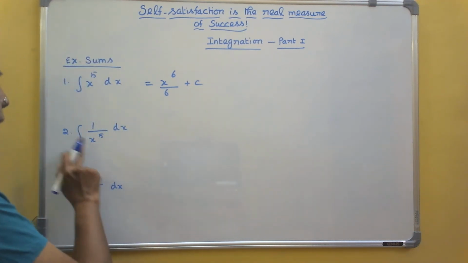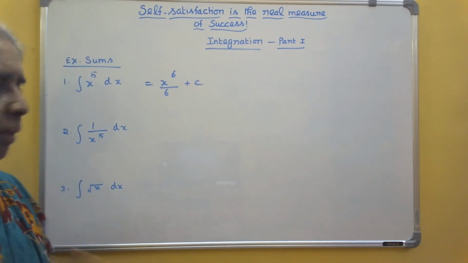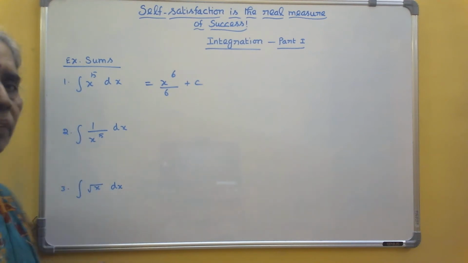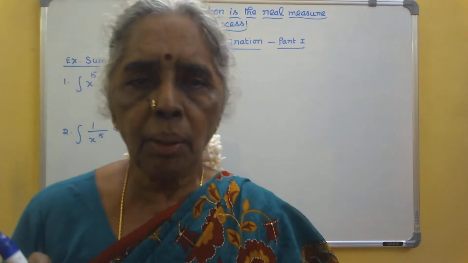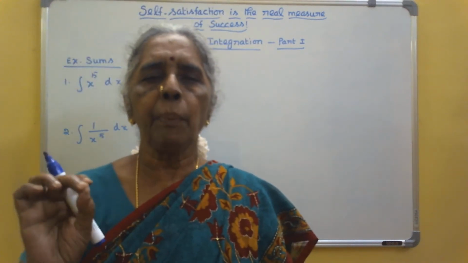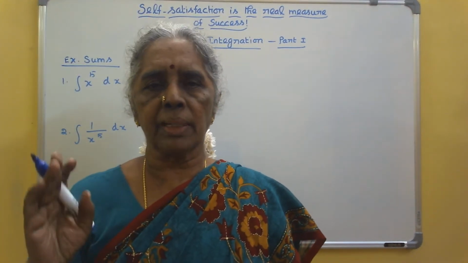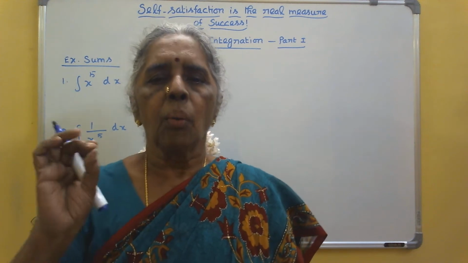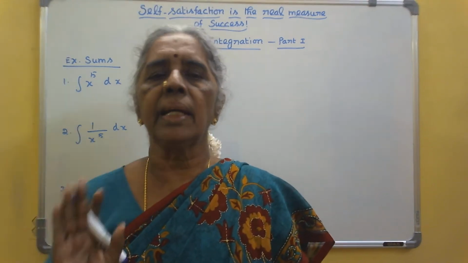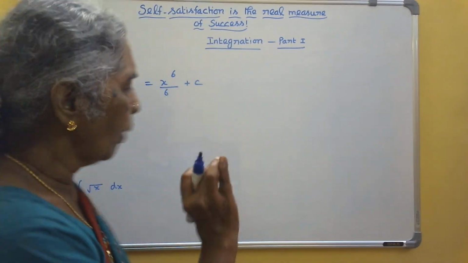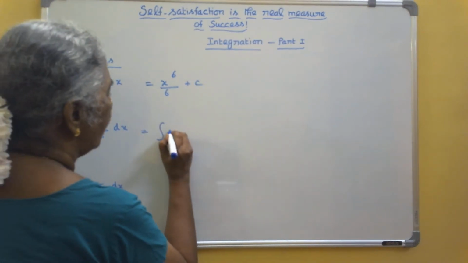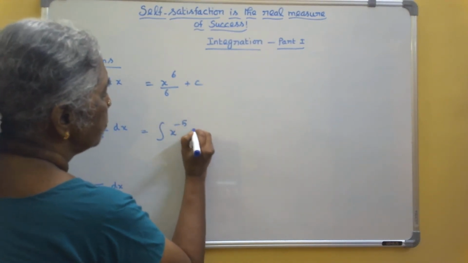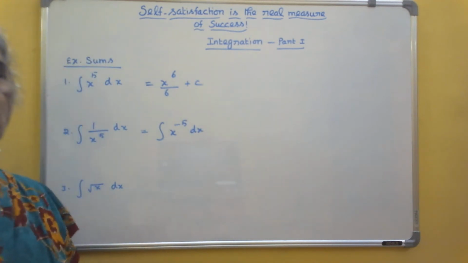Now, you look at sum number 2. Here, I have that x power 5 in the denominator. You cannot integrate keeping this in the denominator because that x power n formula is used only when that x power n is in the numerator. So, what is the first step I have to do? I have to bring it to the numerator, so that becomes x power minus 5 dx.